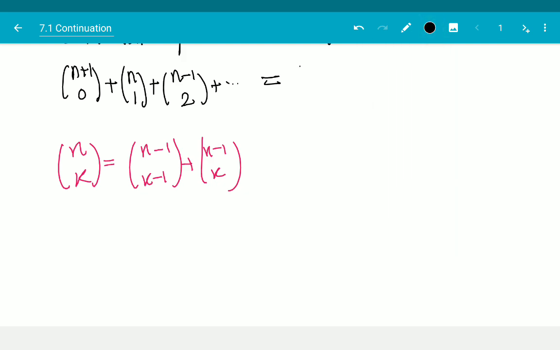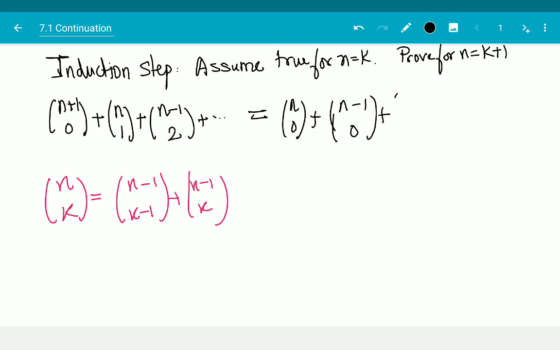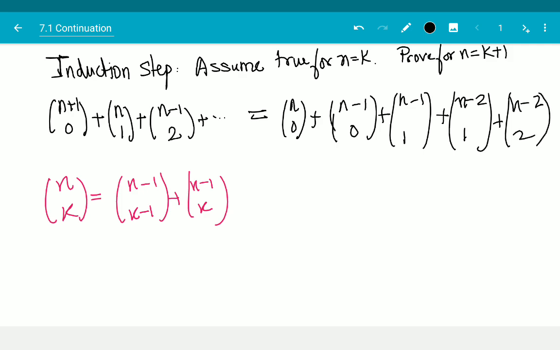And so I get this is going to be n choose 0 because, well, I don't have a k minus 1 for n choose 0 plus n minus 1 choose 0 plus n minus 1 choose 1 plus n minus 2 choose 1 plus n minus 2 choose 2 plus dot dot dot.